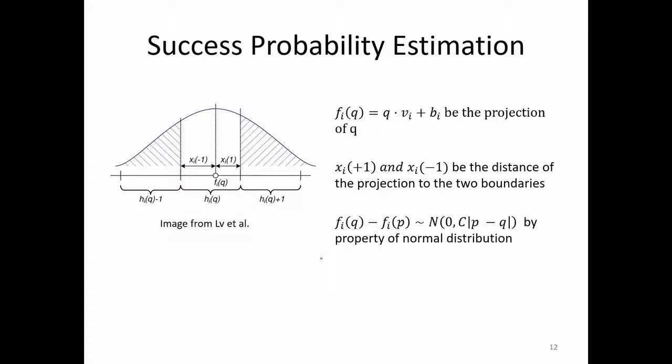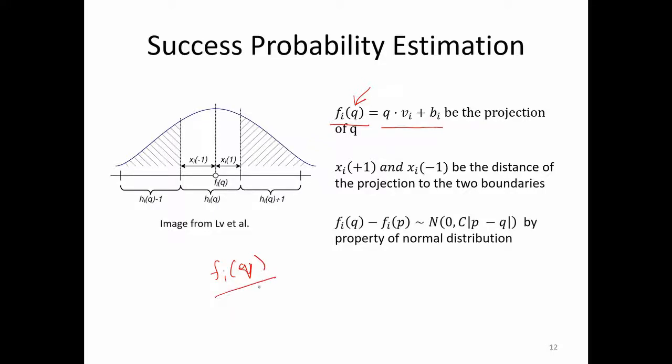Given a query point Q, or actually any point Q, you have this function Q dot Vi plus Bi, and then you sort of threshold this function, so you get this Fi(Q).